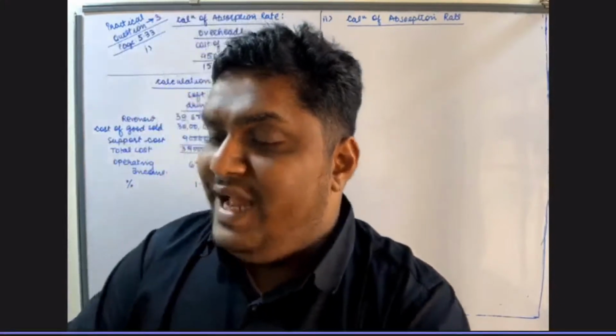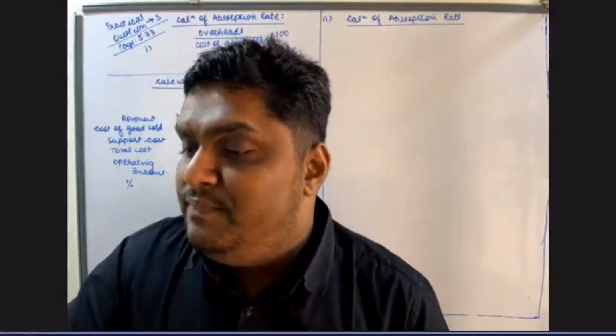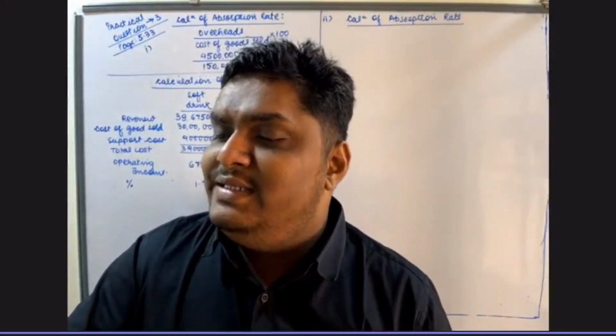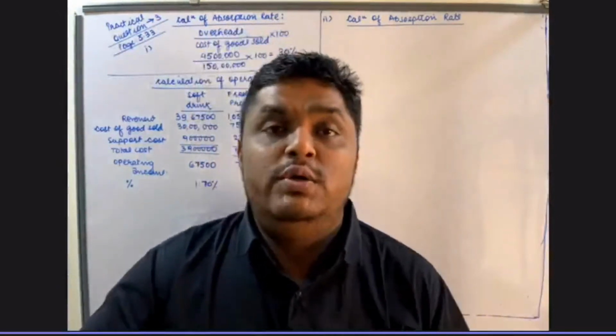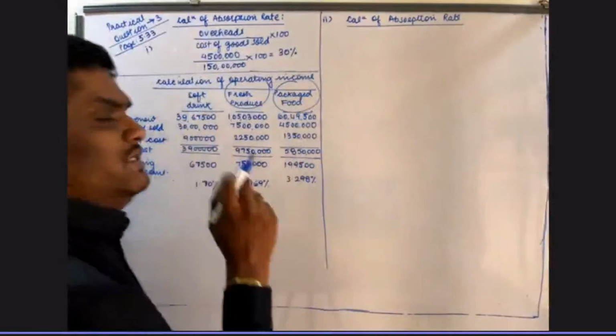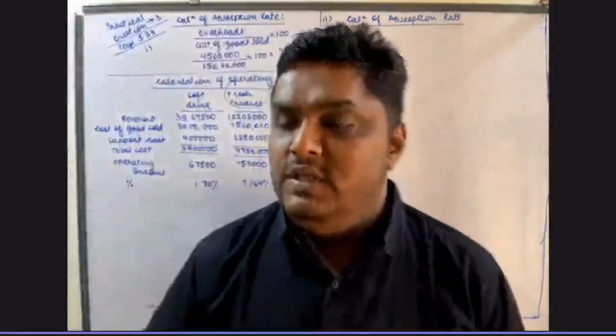So let's start with the activity-based costing part first. Now, when talking about the activities, the returning of empty bottles, 60,000, is directly traceable to the soft drink line. It means the 60,000 cost has nothing to do with the other two lines, fresh produce and packaged food. So the 60,000 will go directly to the soft drink division.